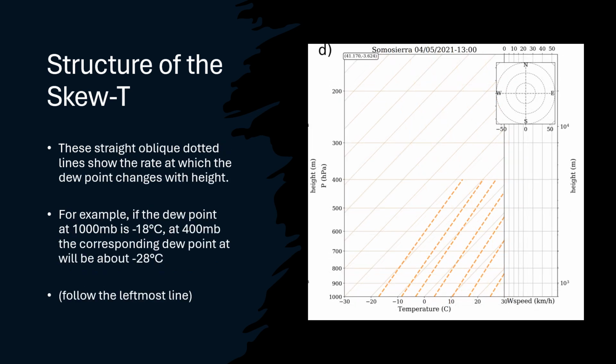The final and fifth set of lines are another set of straight lines, and they are usually shown as dotted lines running from bottom left to top right at a slightly less steep angle than the isotherm lines. These lines illustrate how the dew point of the unsaturated air changes with height, and they are rather confusingly known as the saturation mixing ratio lines.